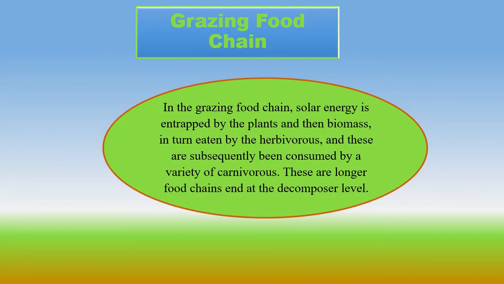First of all, let us know what a grazing food chain is. In the grazing food chain, solar energy is trapped by plants and the biomass is in turn eaten by the herbivores, and these are subsequently consumed by a variety of carnivores. These are longer food chains, up to the decomposer level.